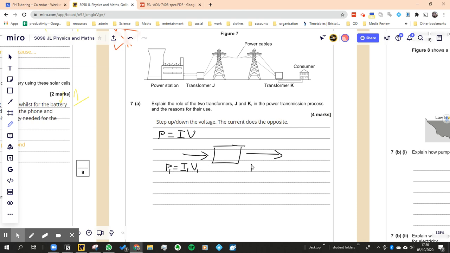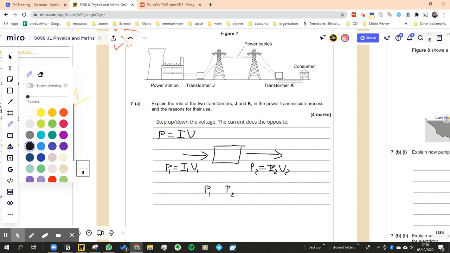Now, the second power, the power of the electricity going out, is equal to the second current multiplied by the second voltage. But because we're not really losing much energy at all, or we're essentially ignoring the energy that we're losing, we can say that power 1 is roughly equal to power 2.